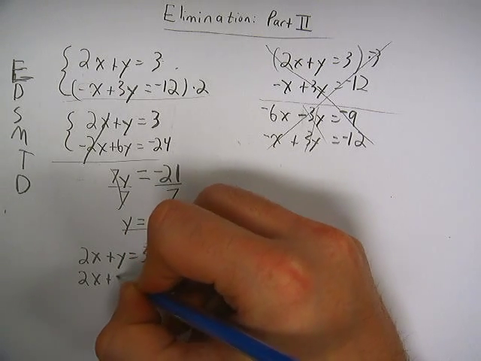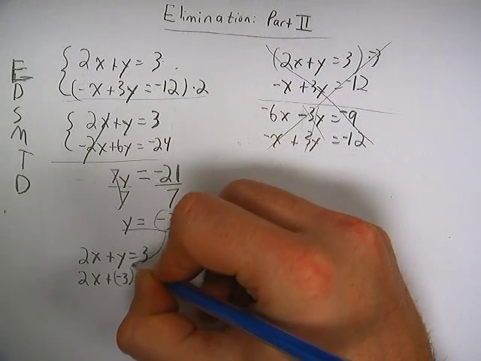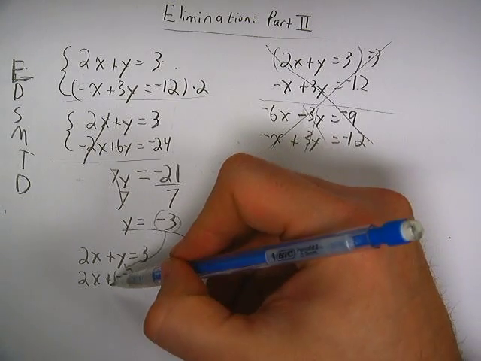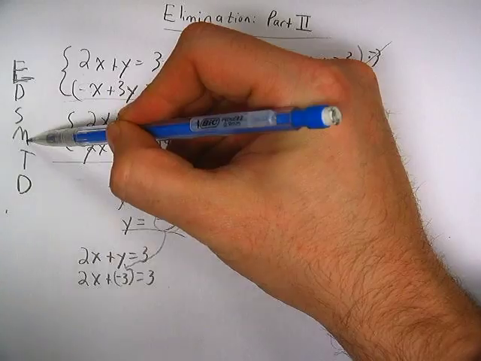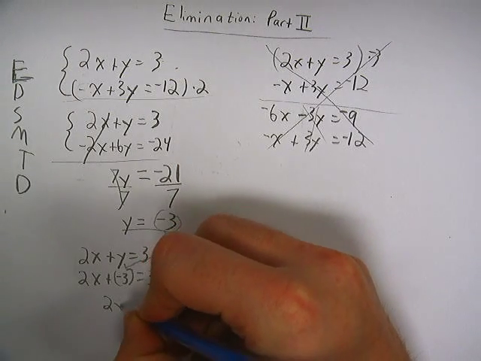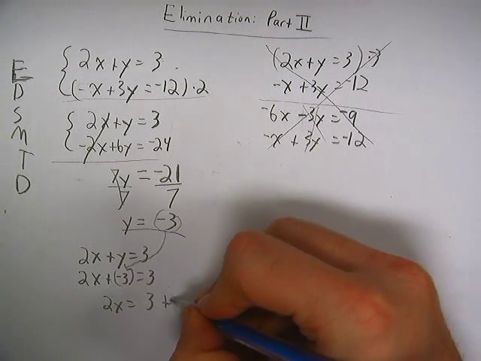Replace that y with negative 3. Now remember, that 3 right there got put in there. Now, in this case, there's nothing to multiply there. So we had to look at this M, but there's nothing to do on it, so we can just move on. T for transpose, 2x equals 3. Move this one to the other side, gives me plus 3.